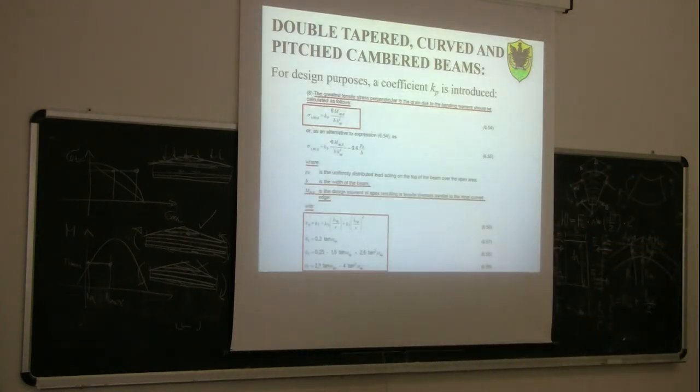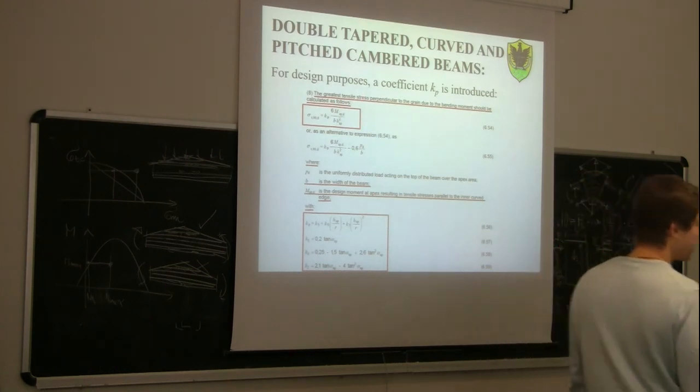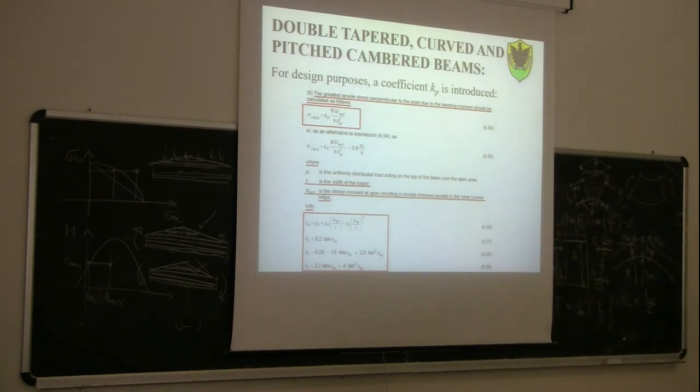If you look at the Eurocode, it provides a formula to calculate this greatest tensile stress perpendicular to the grain due to the bending moment. So again, sigma T90D, which is the design tensile stress perpendicular to the grain, can be calculated using the Navier equation and multiplying the sigma you calculated with the Navier equation by the coefficient Kp.